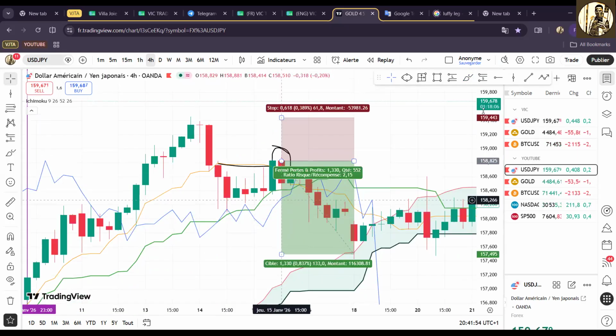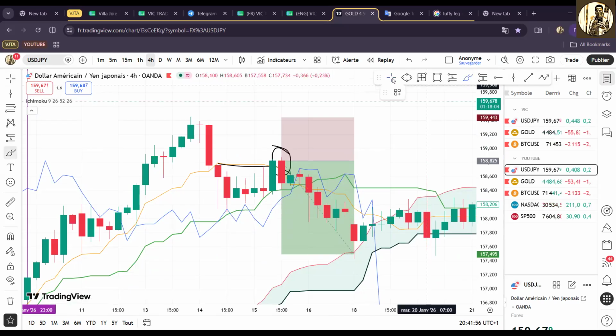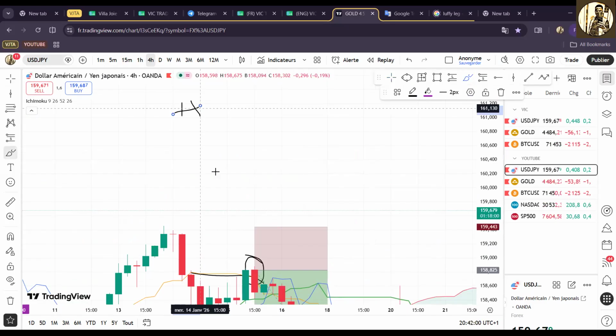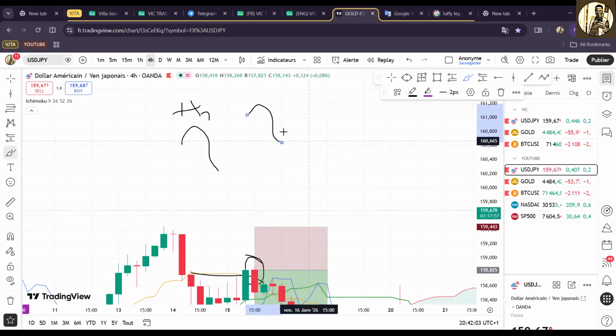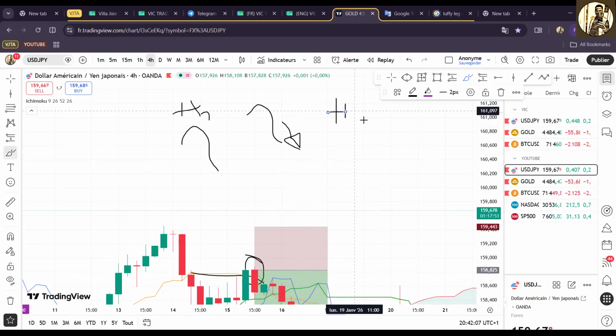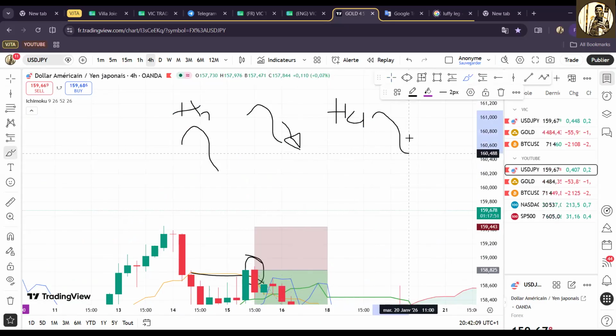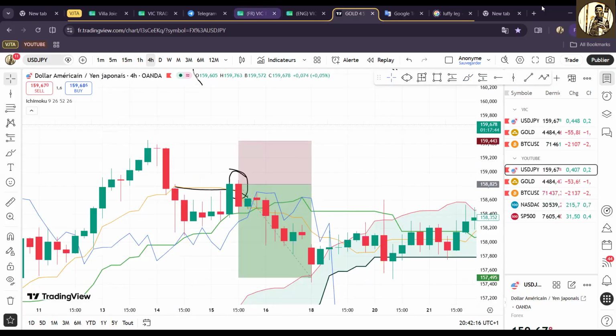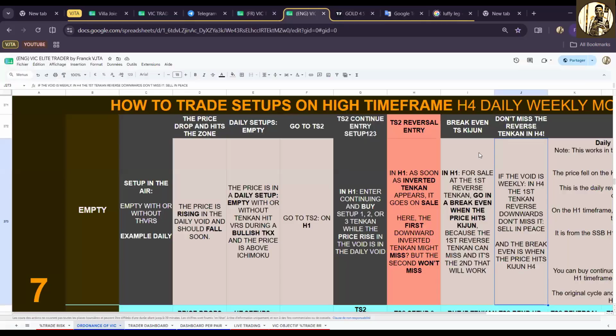You wouldn't have seen, like on H1, two Tenkan inverted before you see the real price drop at the second Tenkan inverted. On H4, as soon as you see Tenkan inverted, the price really dropped at the first attempt, because it's a really big time frame. It's a stronger, more solid time frame than H1.